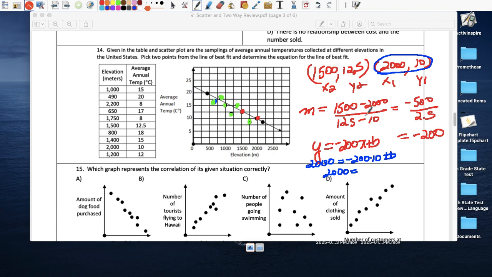That's 12.5 minus 10. So this gives me negative 2,000 plus b. So we're going to add 2,000 to both sides. And our b is 4,000.